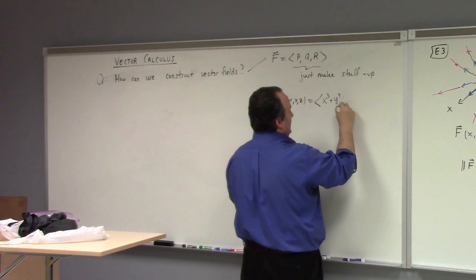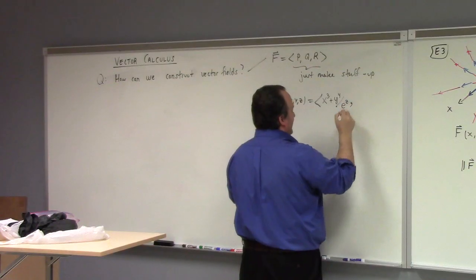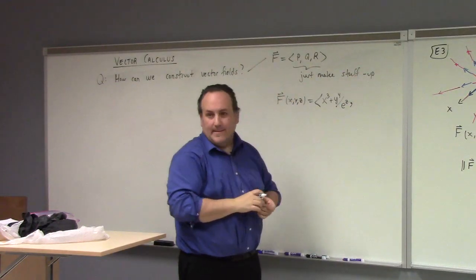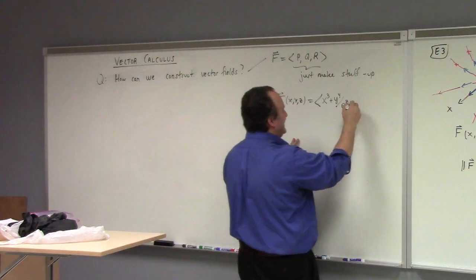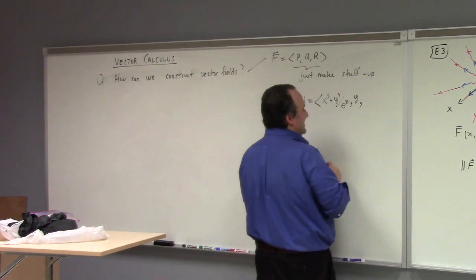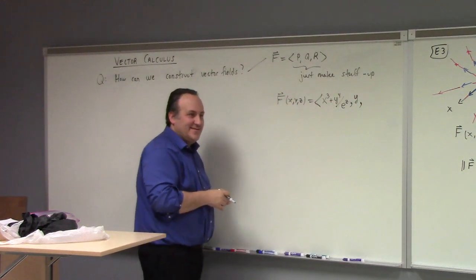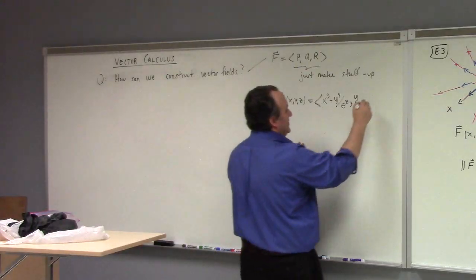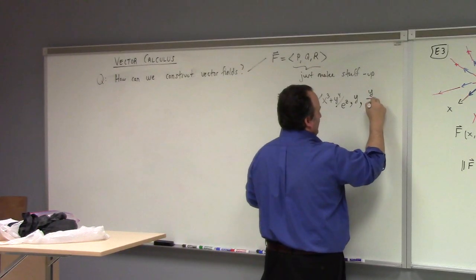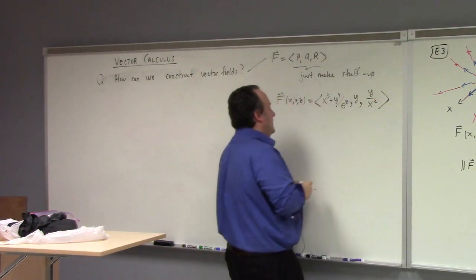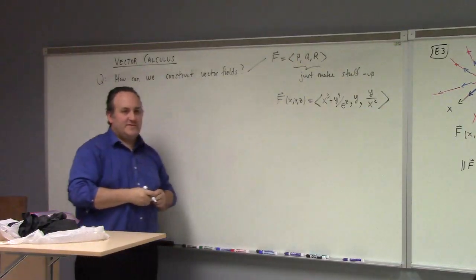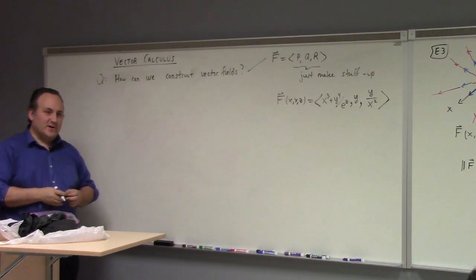Oh, e to the z, very interesting. I wasn't expecting that. How about the y component then? y. And the z component, what do we want? y over x squared. I like it. So that's interesting. I have no earthly idea what the field lines look like for this, and nor do I want to find out.